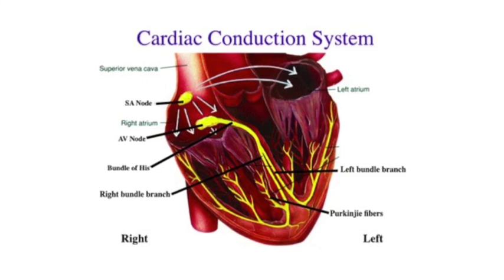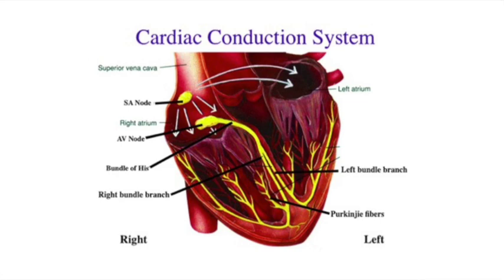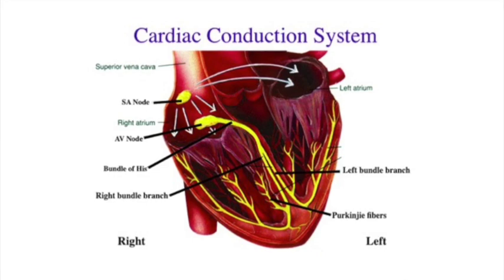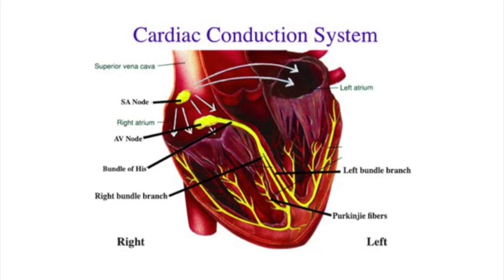So it will activate other places in the heart by spreading its cardiac impulses through the right and the left atria until it reaches the atrioventricular node, the AV node, at the bottom of the right atrium.